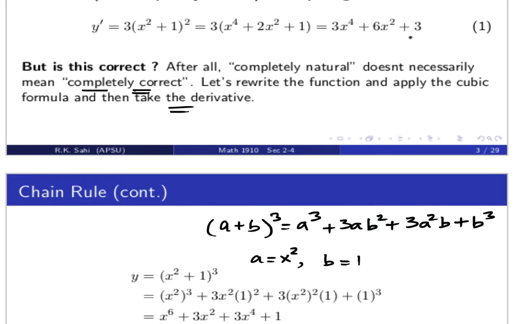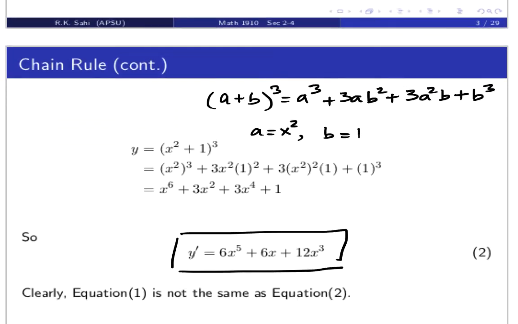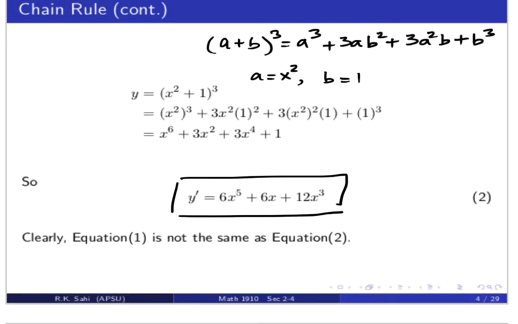Equation 1 and what we got by applying the cubic formula are not the same. So our naive attempt is not the right attempt. So let's now look at the right definition of the chain rule.